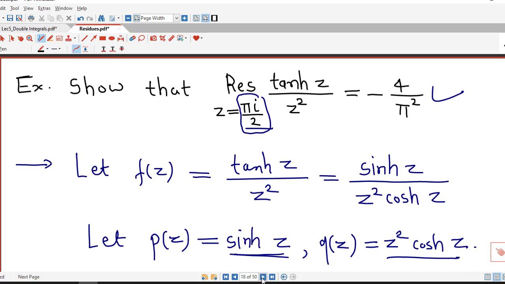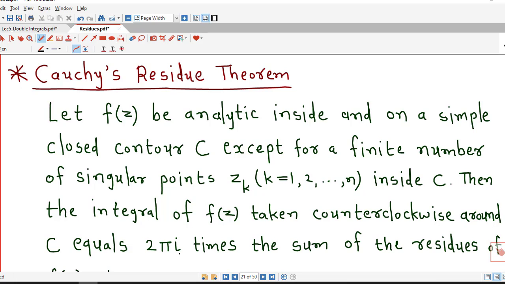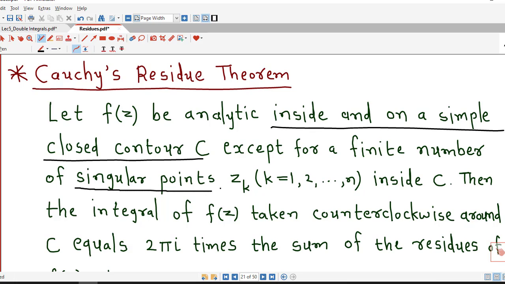So here we have written Cauchy's residue theorem. Let f of z be analytic inside and on a simple closed contour C except for a finite number of singular points z1, z2, zn.